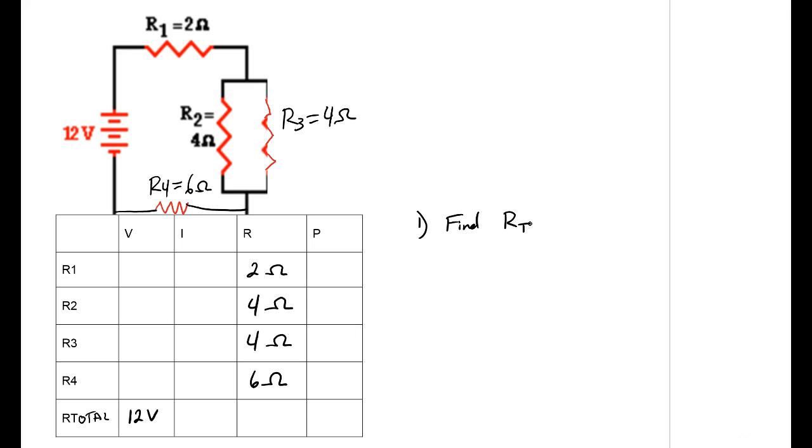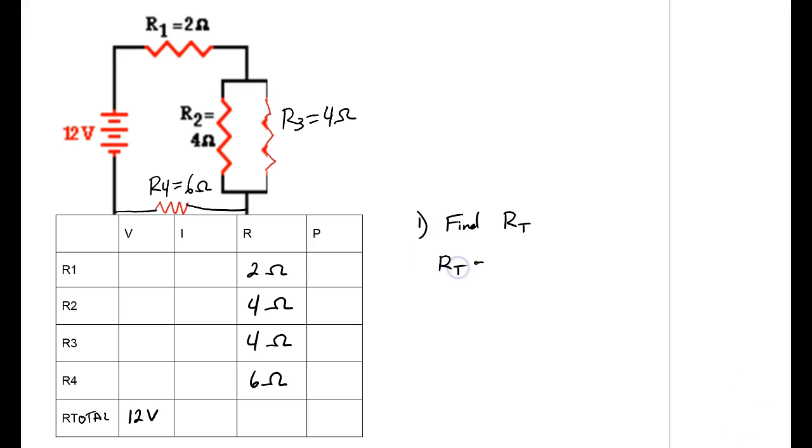Okay, how do we add this? How do we find this total resistance? It's not just a series circuit. It's not just a parallel circuit. Okay, it's a combo circuit. Now I'm going to write it like this.